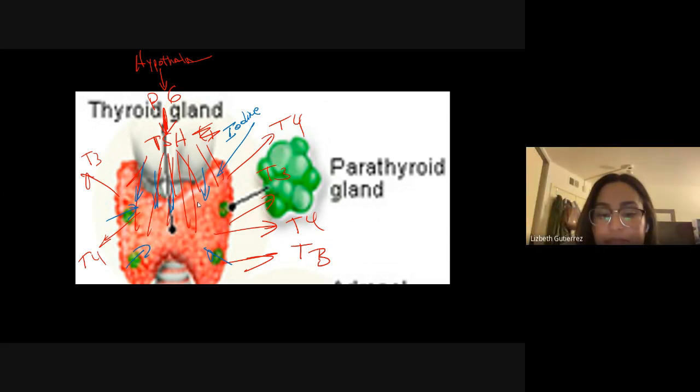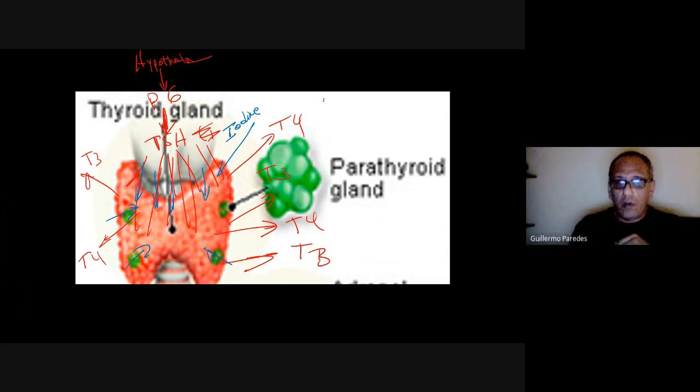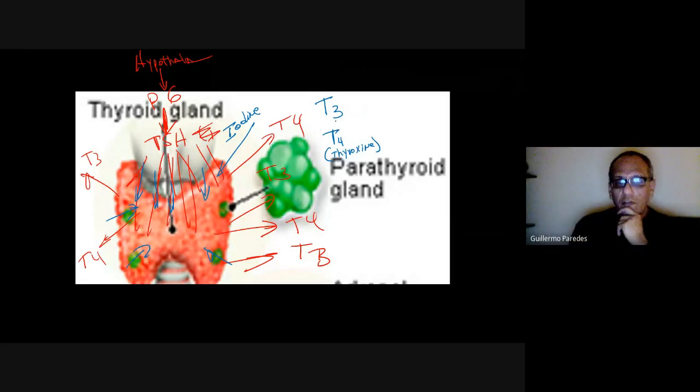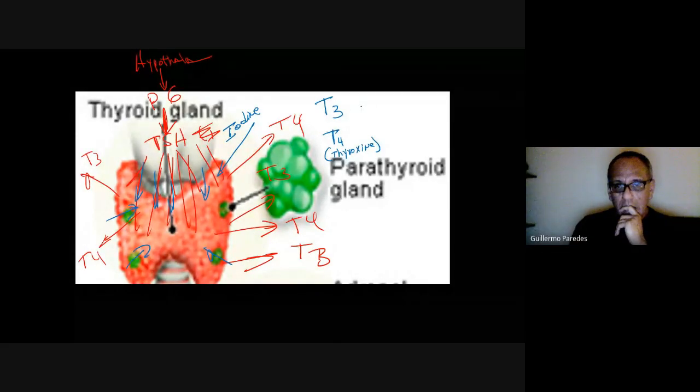One more thing. Why is it called T3? Why is it called T4? What is the other name of T4? Thyroxine. All right. So do you know why it's called T3?